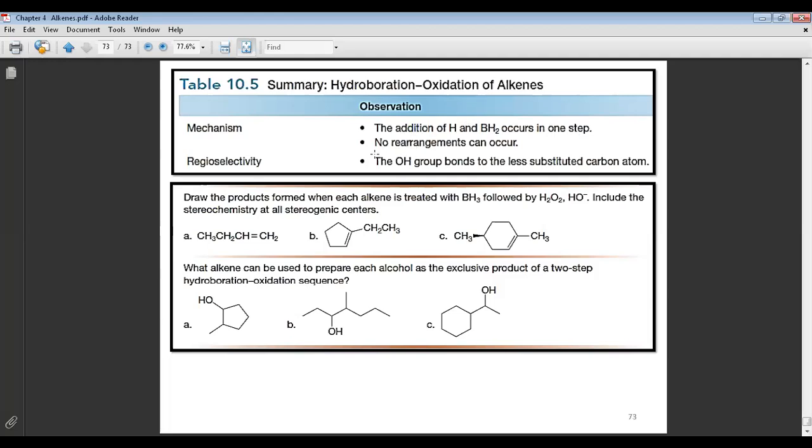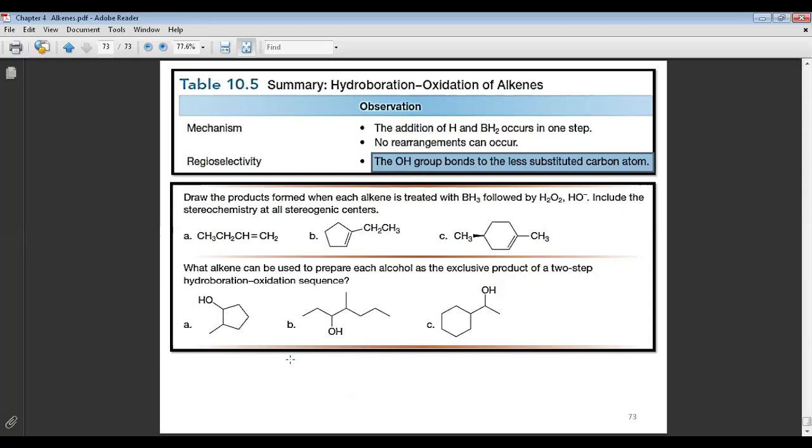That means it is the reverse of Markovnikov. It is exactly the reverse of the hydration reaction, because in hydration the OH bonds to the more substituted carbon, but here the OH bonds to the less substituted carbon.